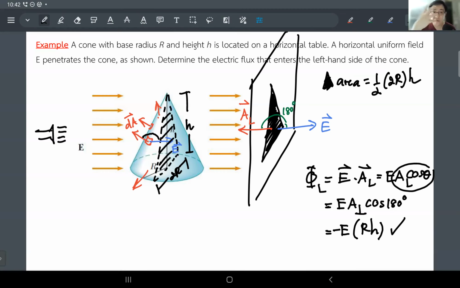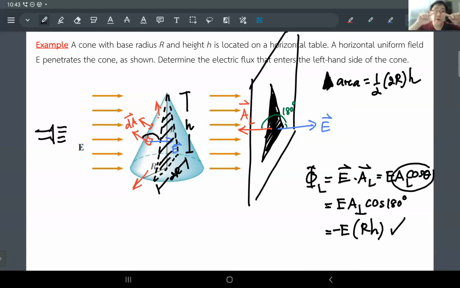So think about this. If I have an electric field going through my face, of course, the shape of my face is kind of weird, right? There's a curve here. Crazy. But let's say I have an electric field going straight into my face. How much flux is entering my face, my head, right now? The only thing that you need is to take that electric field and multiply by what?